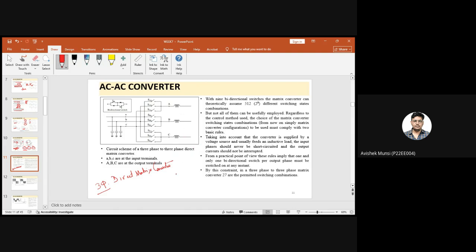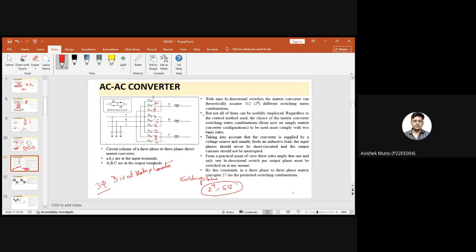So the switching states will be 2 to the power 9, that is 512, since we have 1, 2, 3, 4, 7, 8, 9 switches.